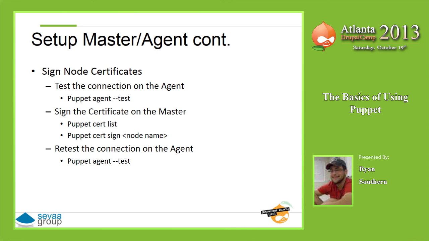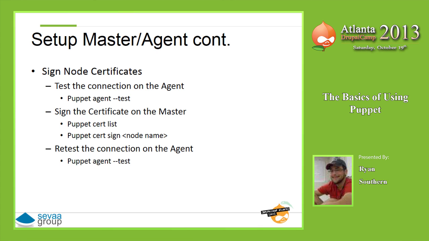And then after you install it on both the agent and the master, you run Puppet agent test, and it reaches out to the master. And Puppet uses SSL to encrypt everything when the master and agent are communicating. So you actually have to go on the master and approve the certificate.